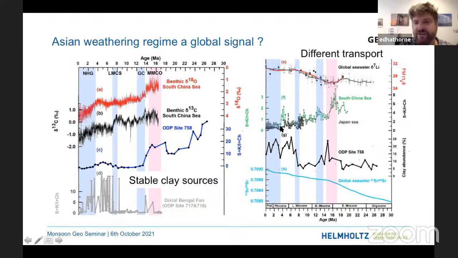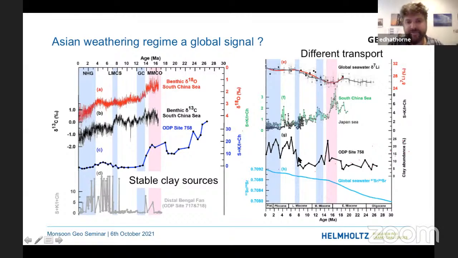And I looked around, and also in the South China Sea and Japan Sea, this is from Ali et al. If you need to find these references, sorry. They see a similar reduction in the amount of secondary clays against primary clays.